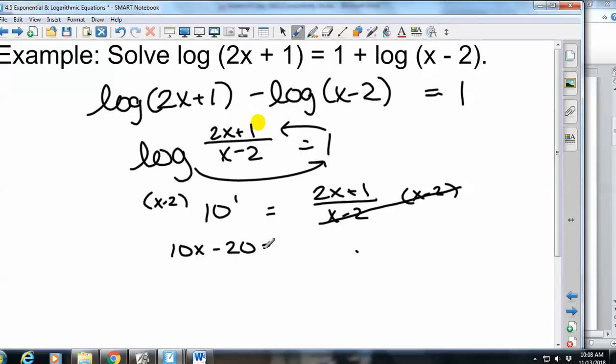We distribute, we get 10x minus 20 equals 2x plus 1. So if I put my x's together, subtract over my 2x, you get 8x, add your 20, you get 21. So x is 21 over 8, or 2.625.